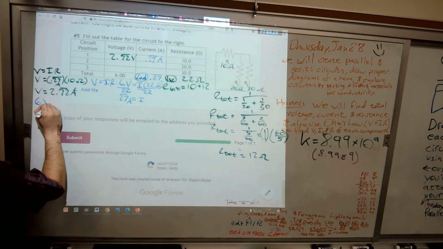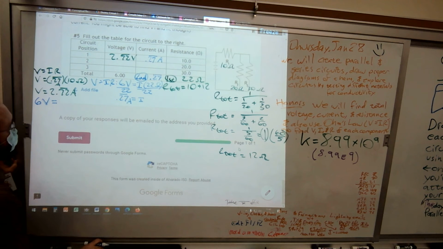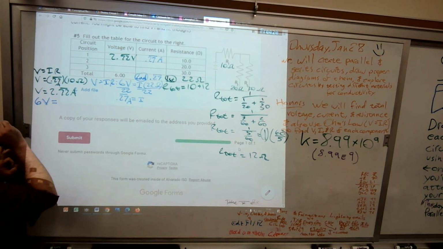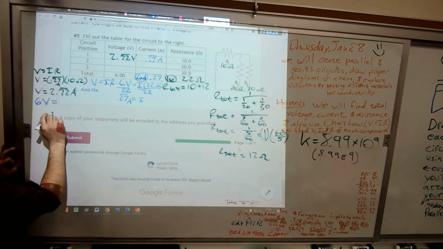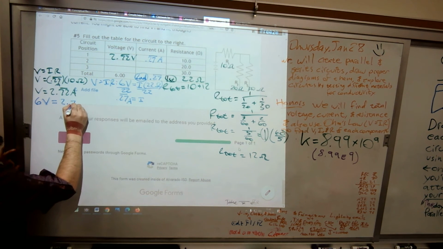The total voltage for the whole circuit was 6 volts and the voltage for that one component was 2.72.